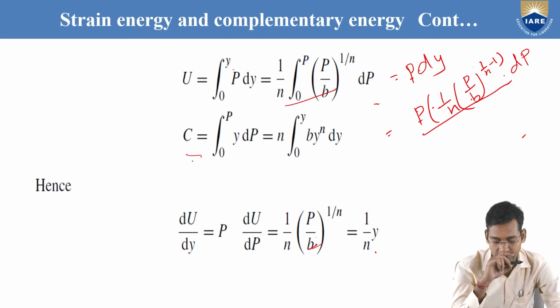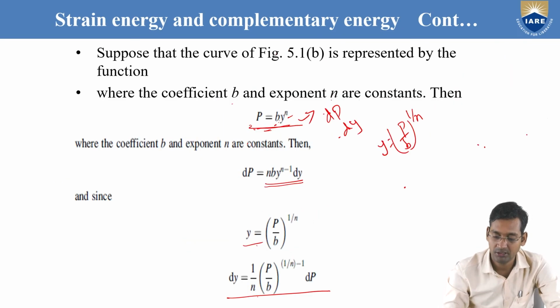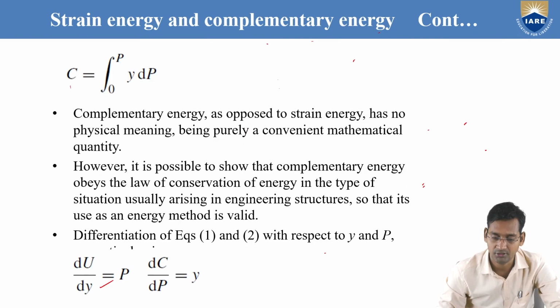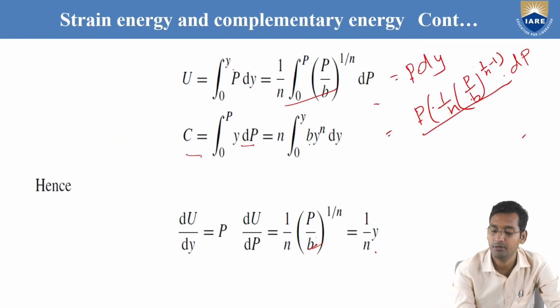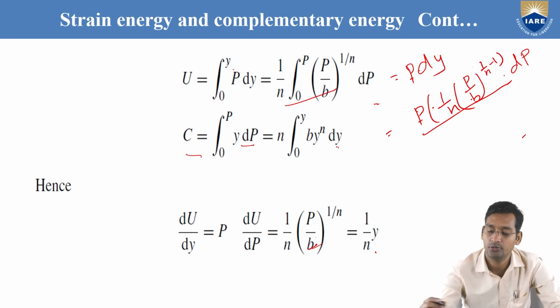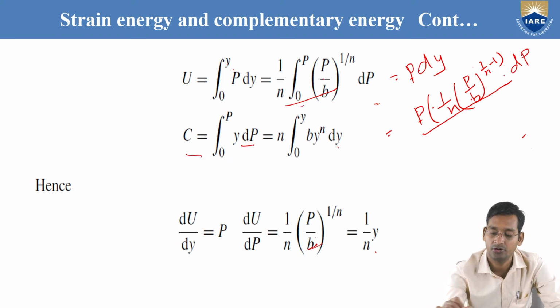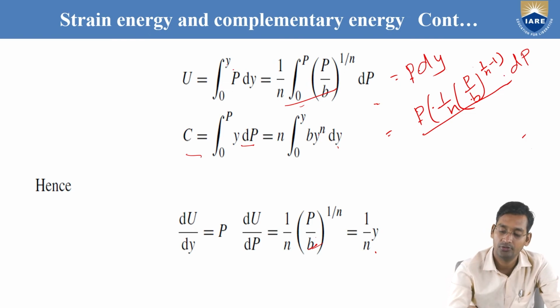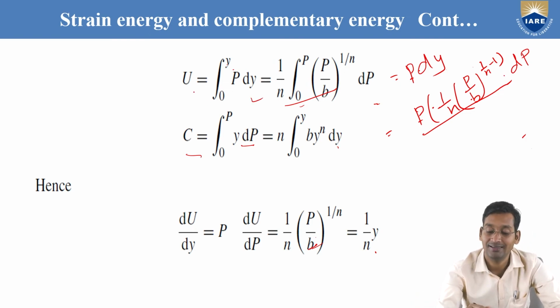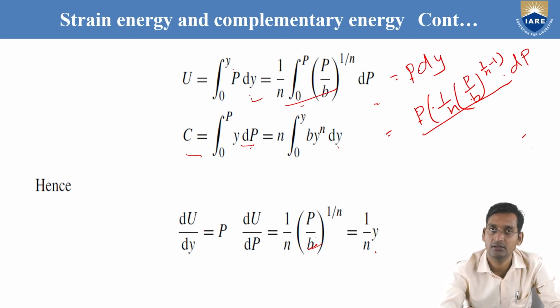Similarly, for this y dp, what we have is dp here, and b y to the power n. So once we multiply this one, this becomes y power n. So n b y power n dy. So that is correct, that is not wrong. Actually, I didn't simplify. So for this, just simply substitute the value of dy here and dp here.